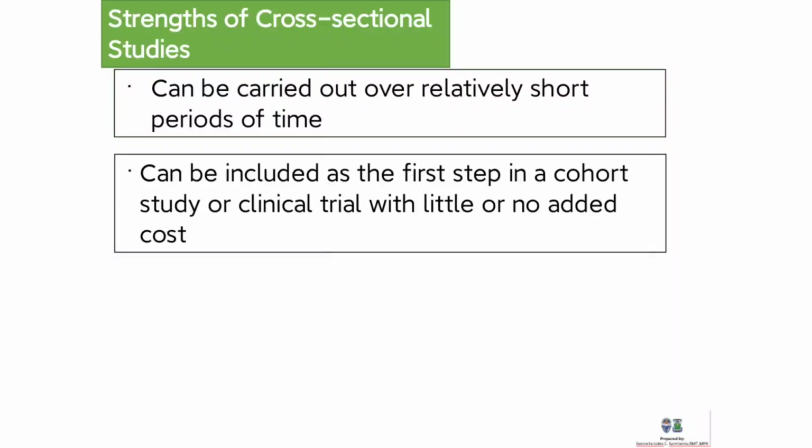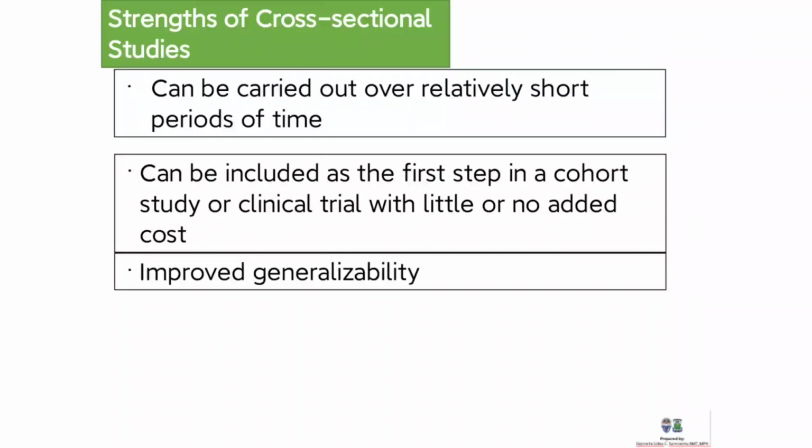Okay? That particular baseline data would serve as the first step in other analytical studies such as yung cohort, tsaka yung clinical trials, or yung experimental studies. And then, pwede rin siya for improved generalizability.